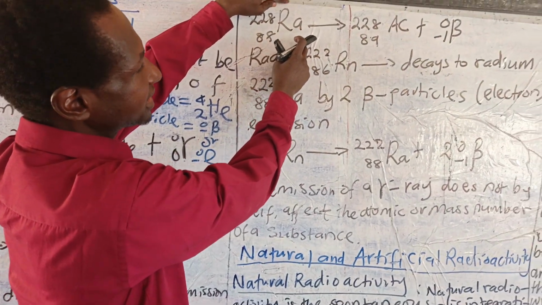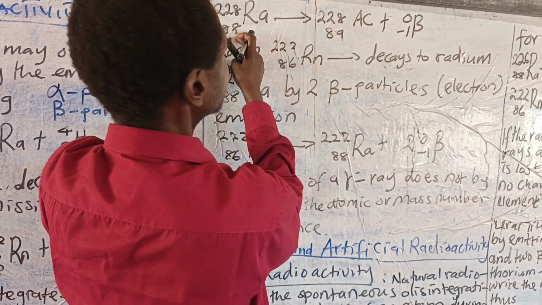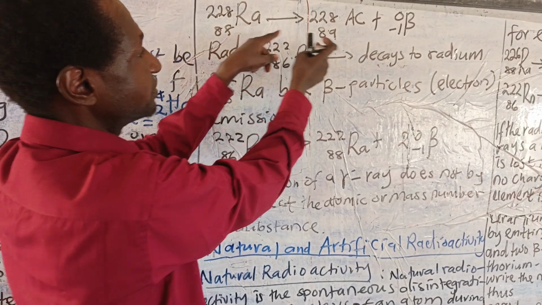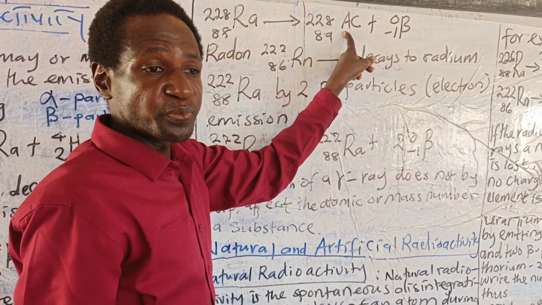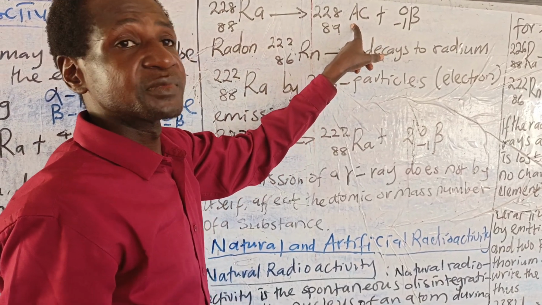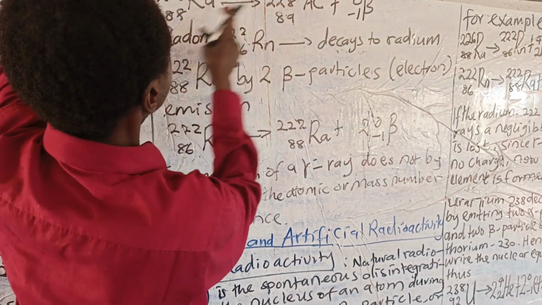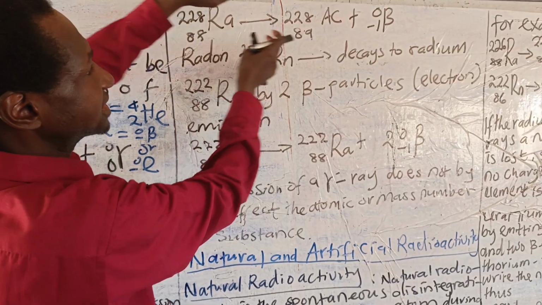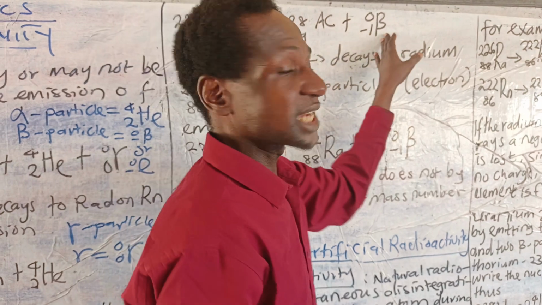When it disintegrates, it becomes 89, Z plus 1, and the new product is actinium, but the mass number remains unchanged at 228. The first mass number of radium is 228, and still it is 228, plus the beta particles.